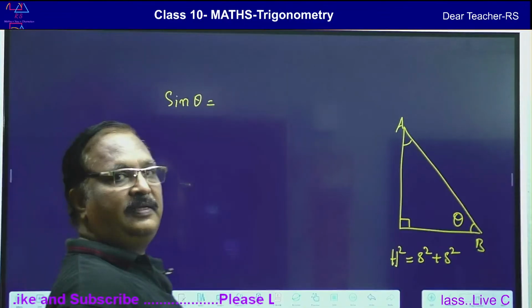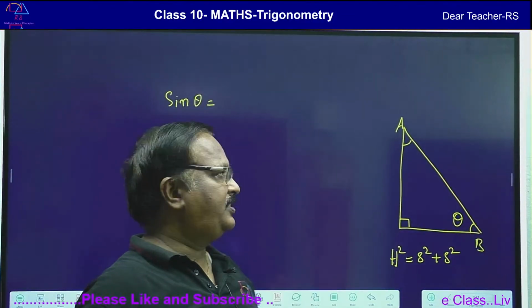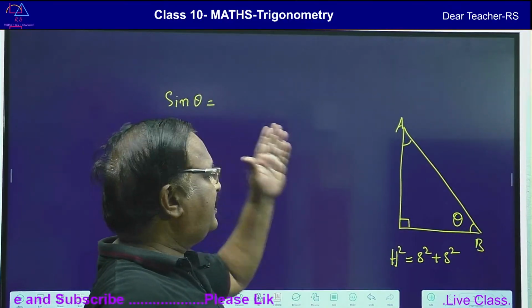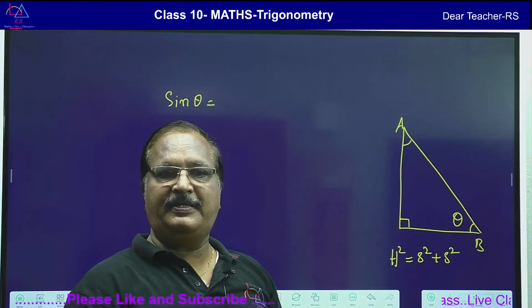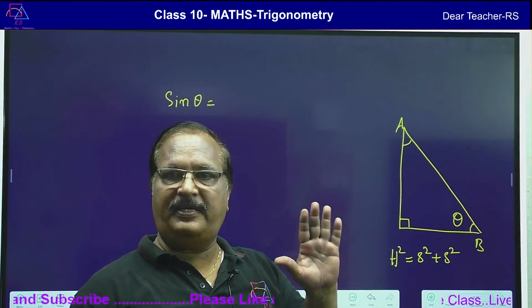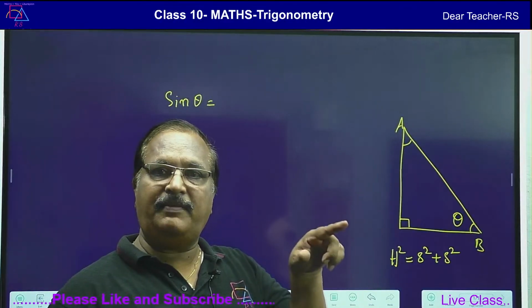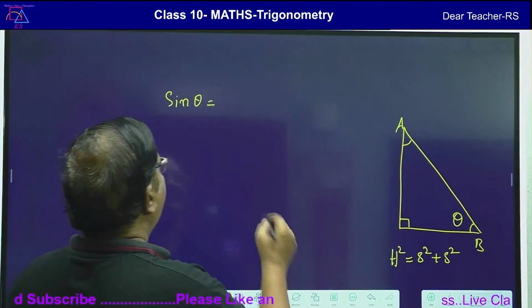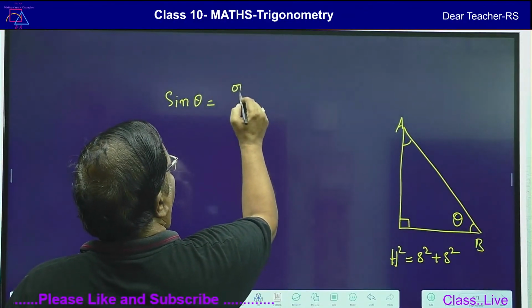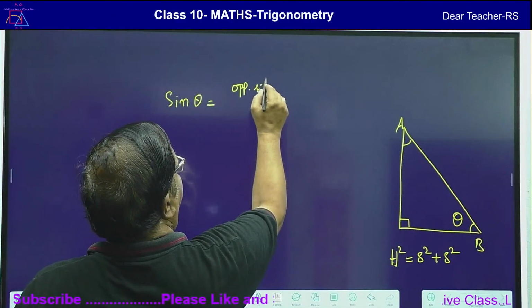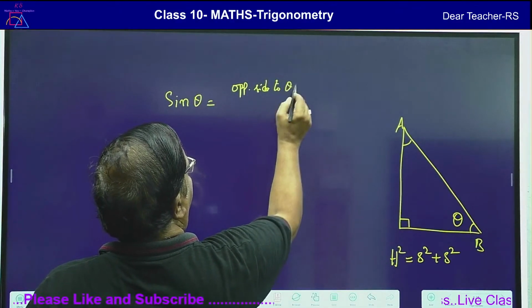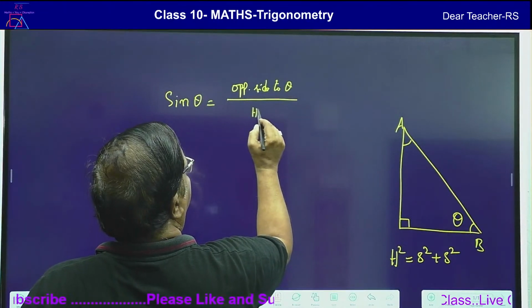Sine of angle is the first relation between theta and the sides. Sine theta is equal to opposite side to theta by hypotenuse.